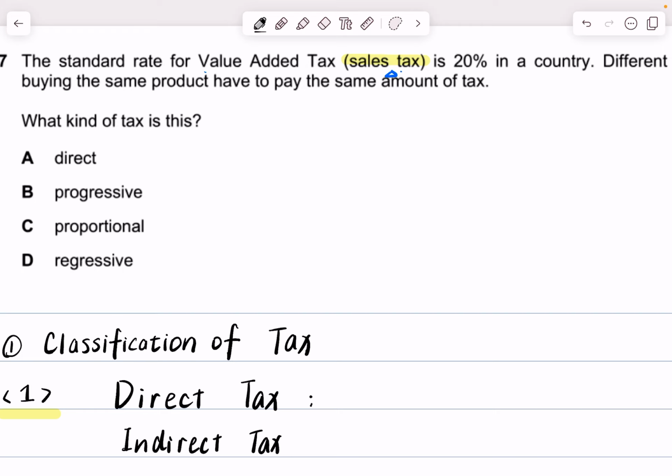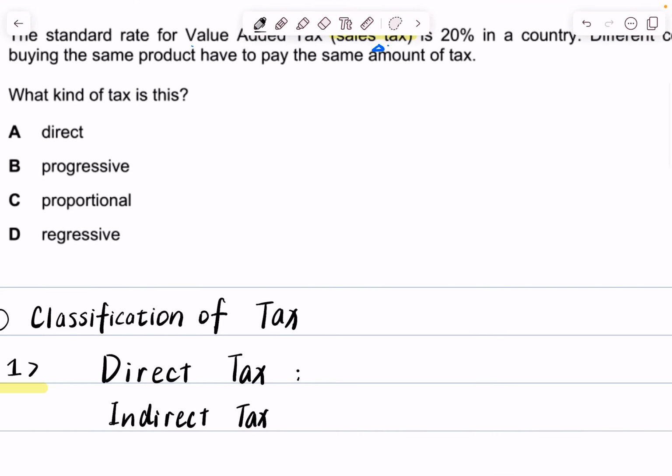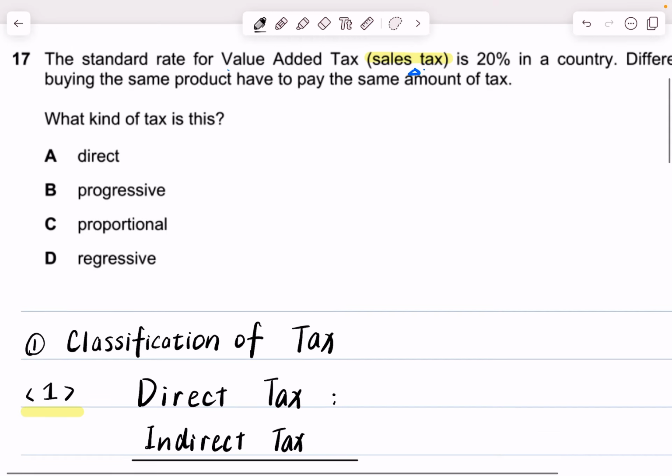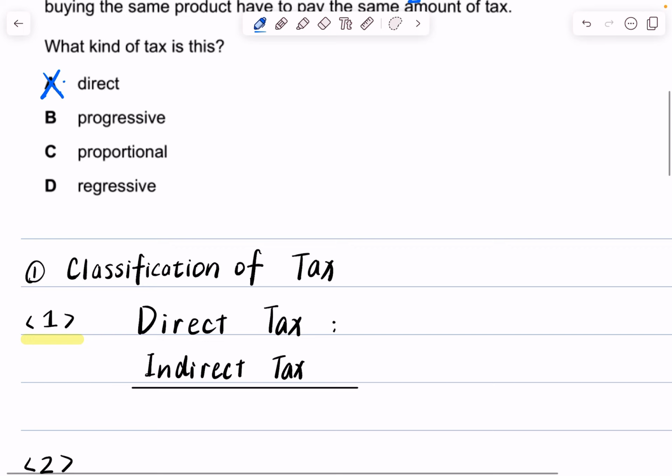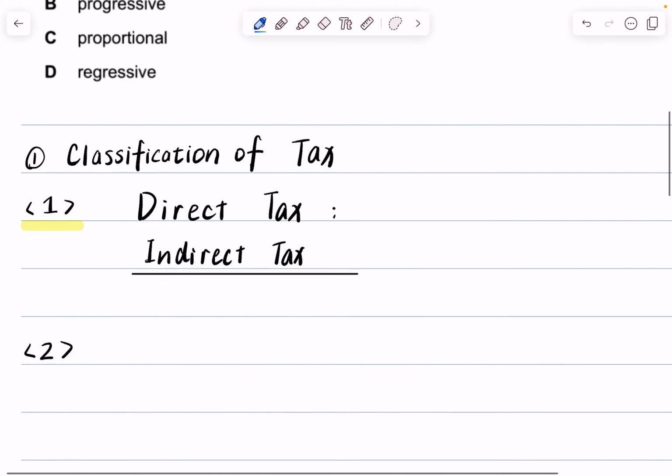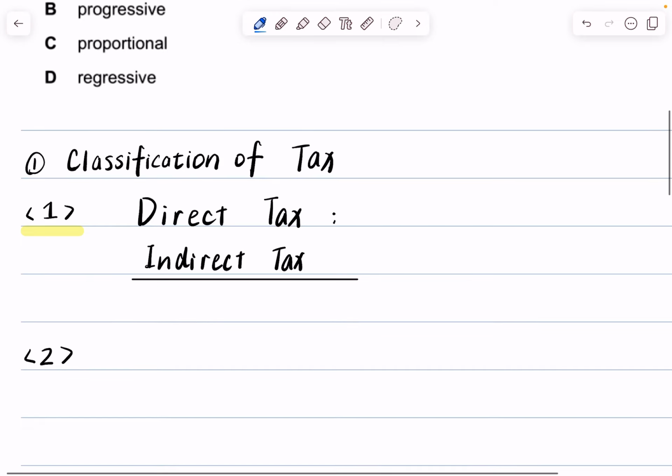So sales tax, value-added tax, definitely is an indirect tax. We can easily exclude option A. And then what's the difference between option B, C, D? It's also very easy. It's just some very basic knowledge in IGCSE.